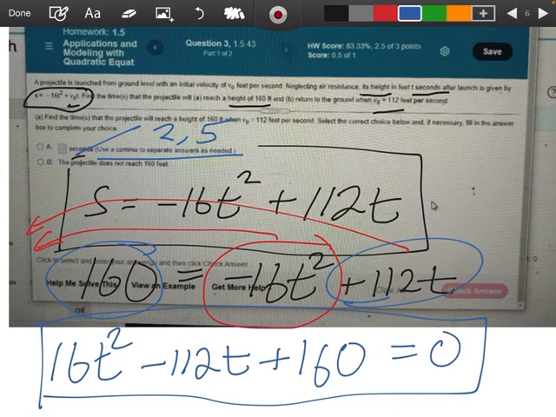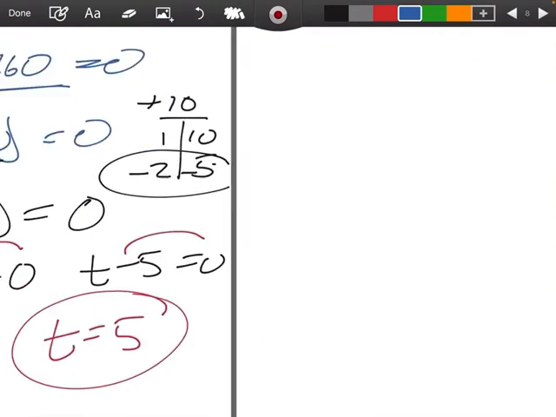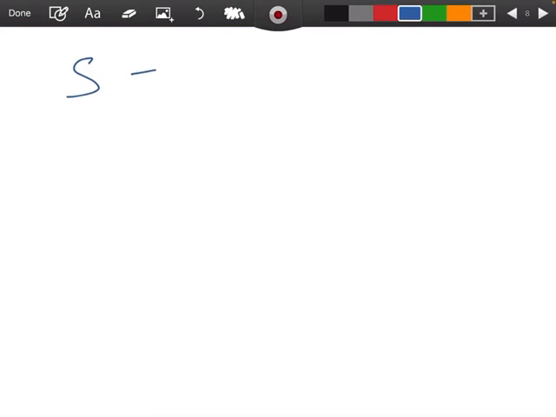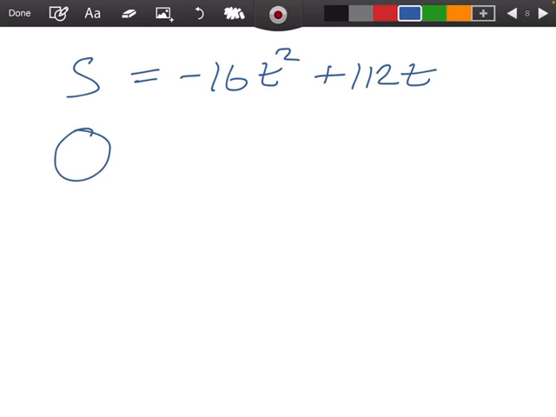Then there is a second part. This part says, when is it going to return to the ground? Remember, the equation that we had was s equals negative 16t squared plus 112t. When it reaches the ground, the height is 0. So this is the equation that I want to solve.